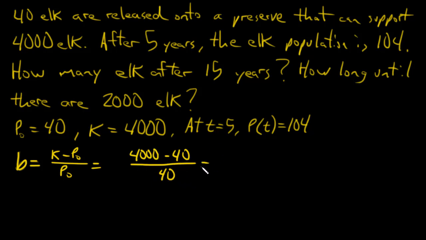So this is 99. Okay, so now that we have our B is equal to 99, we can solve for our R, not K. So let's see, we're going to have P of T. You know what, I'll go to the next page for this one. Let me go ahead and clear this and start from scratch.